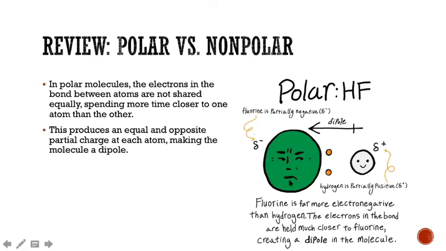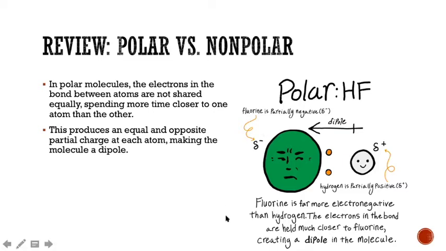For instance, in hydrogen fluoride, the electrons are more likely to be near the fluorine atom than near the hydrogen atom. This gives fluorine a partial negative charge and hydrogen a partial positive charge. This creates what's called a dipole within the molecule because there are two distinct polar regions.